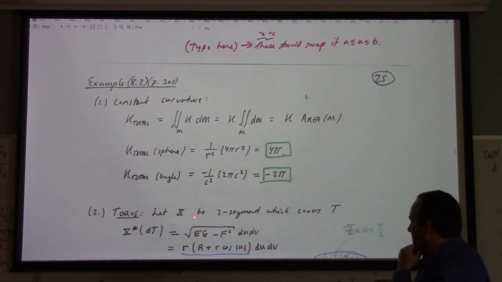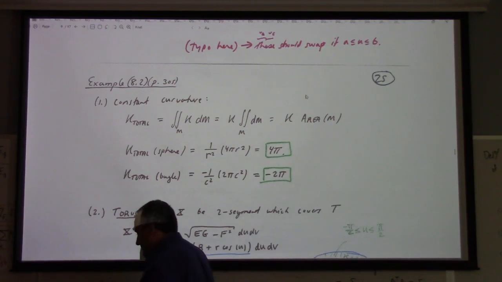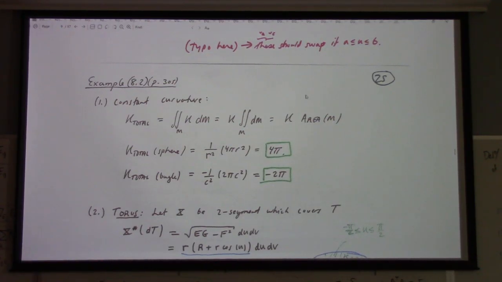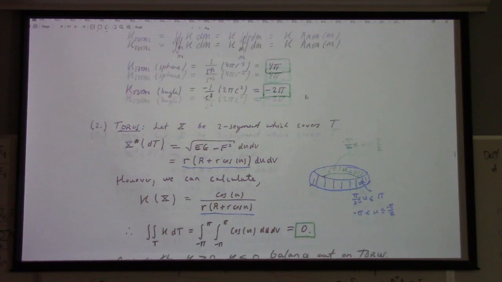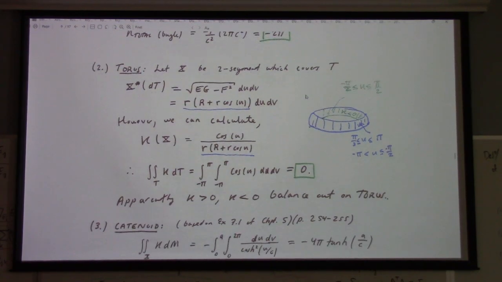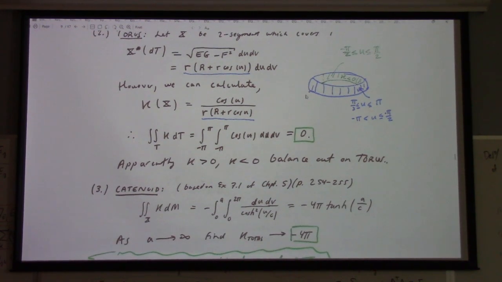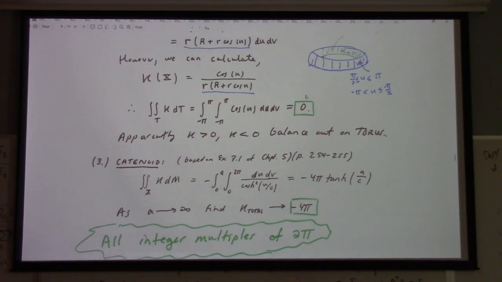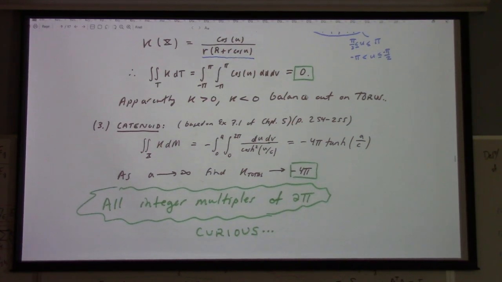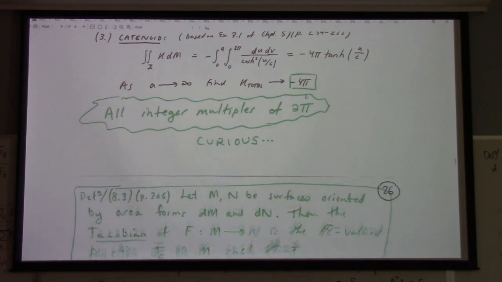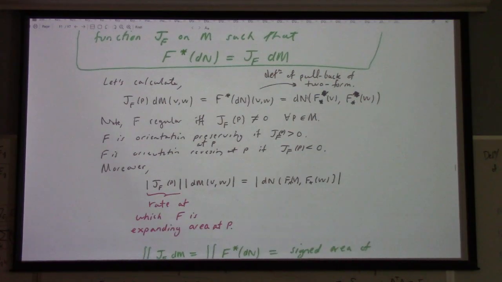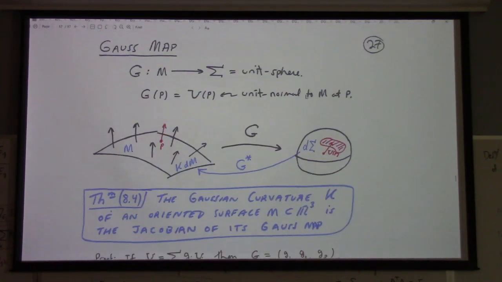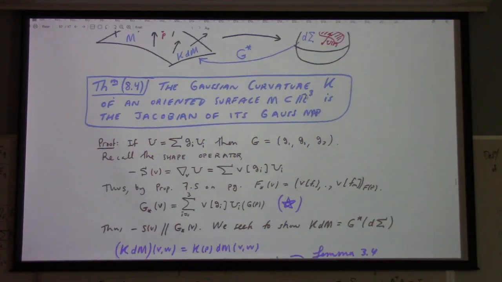And the total Gaussian curvature for a torus is 0. The total Gaussian curvature of a catenoid is minus 4 pi. They're all integer multiples of 2 pi. All right, curious, right? So this can be understood in terms of the Gauss map.